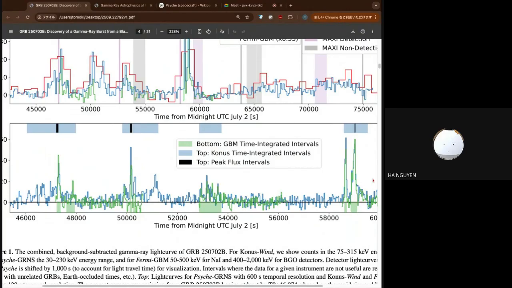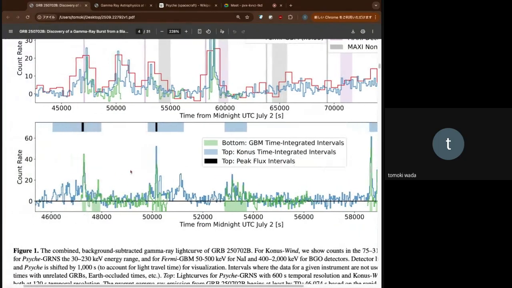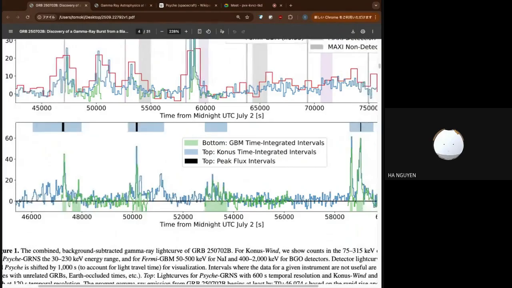I wonder if it is the difference of two color lines or three color lines. No, the difference in one color line. In one color line, the gamma ray count, this axis shows count, and this count changes depending on time. Oh, I see. Thank you.